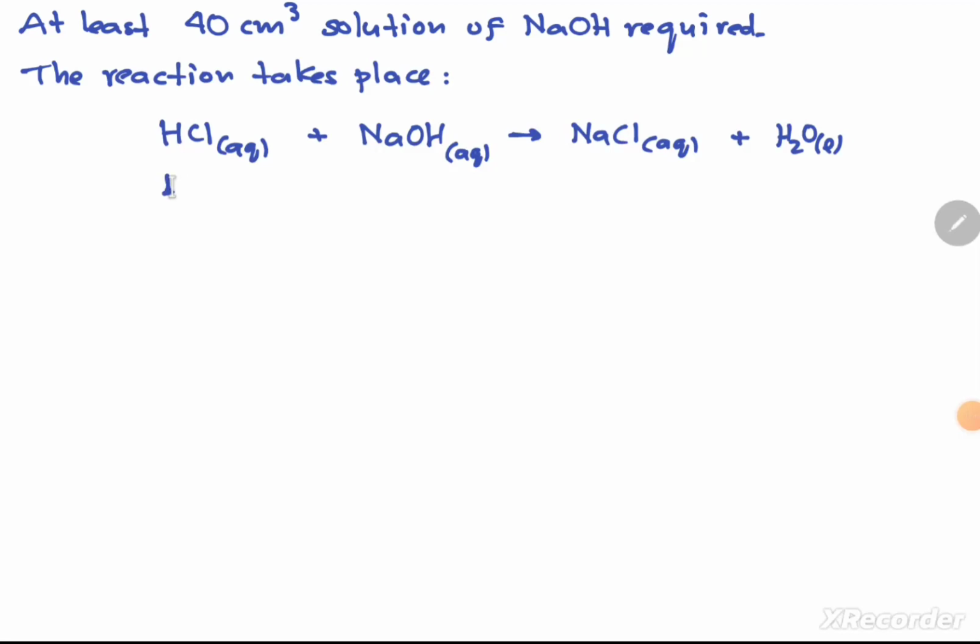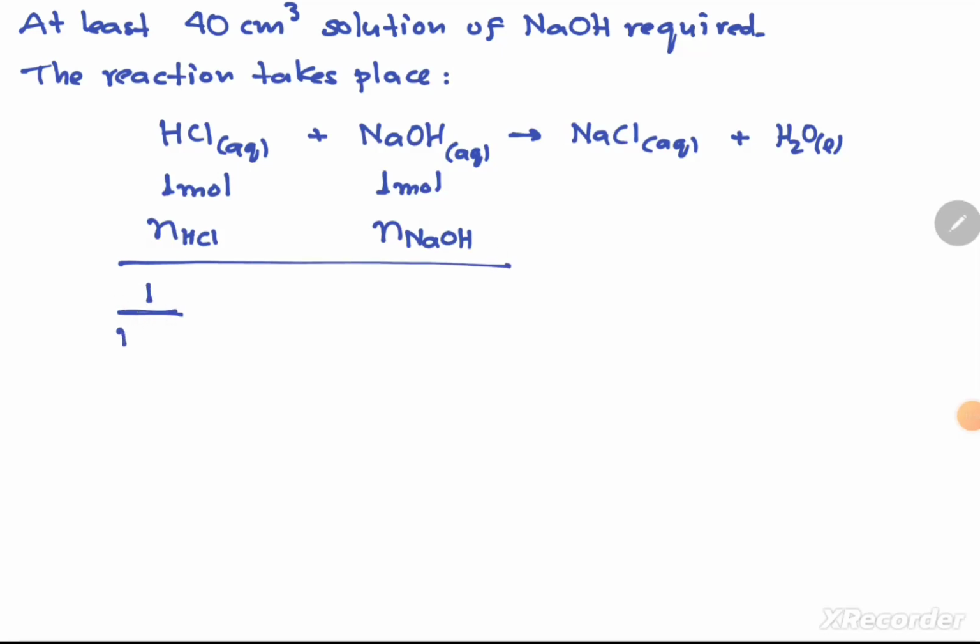and we have 1 mol reacts with 1 mol. So the number of moles of hydrochloric acid and sodium hydroxide that reacted are equal. So we have the ratio, and we find that the number of moles of hydrochloric acid is equal to the number of moles of sodium hydroxide.